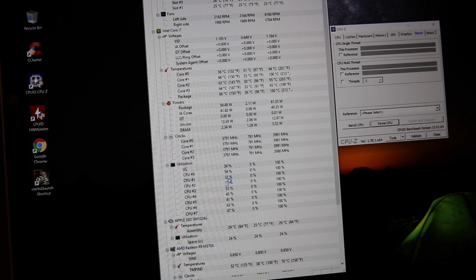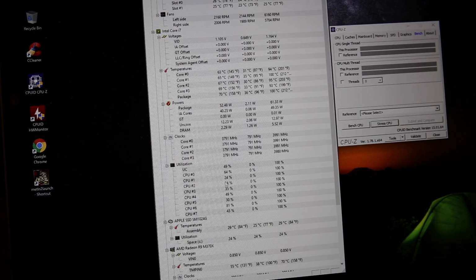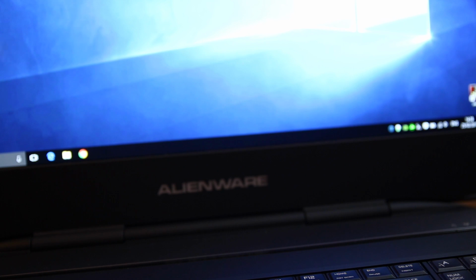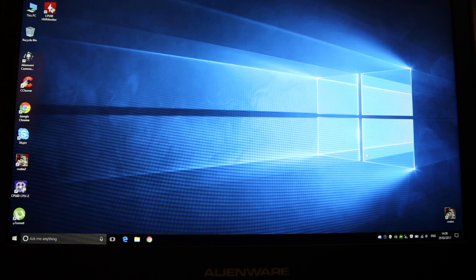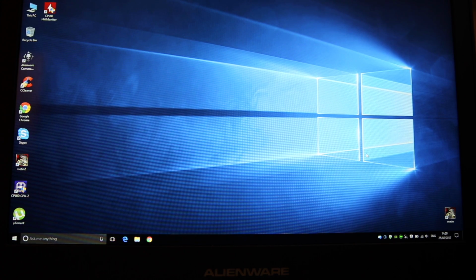So let's check what will happen on a bigger laptop, on an Alienware, for example. Yeah, let's check together. This is my wife's computer. So let's check what is the story on a proper gaming computer. Same programs.